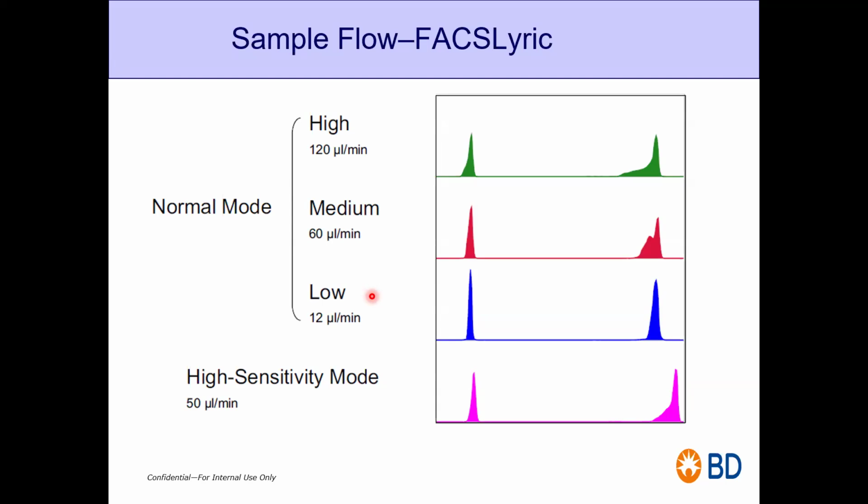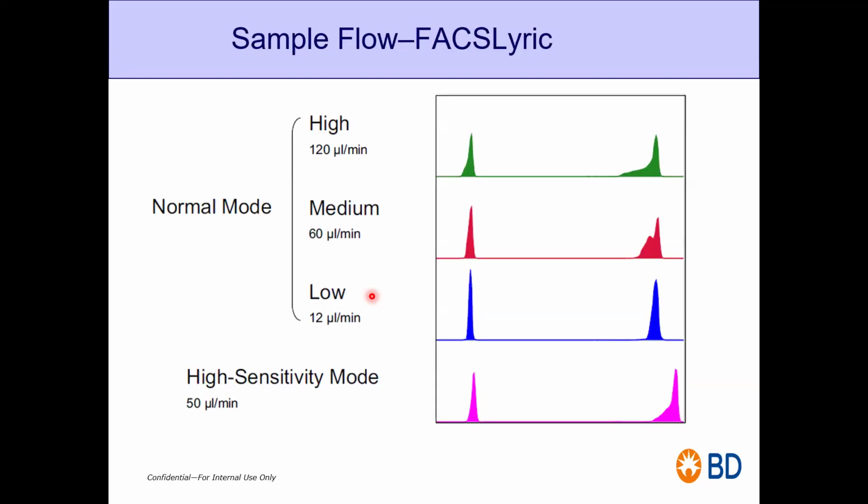Because when you have high sample pressure, as I told you, two cells may be going together, stuck together. In the cell cycle there are phases called G1, G0, and then the G2 phase, which is because of the DNA. So though two cells are sticking together in G1 phase, they will show up as a G2 phase. That's why it's very important to keep your pressure low at that time. In some particular experiments, you have to keep your sample pressure low.